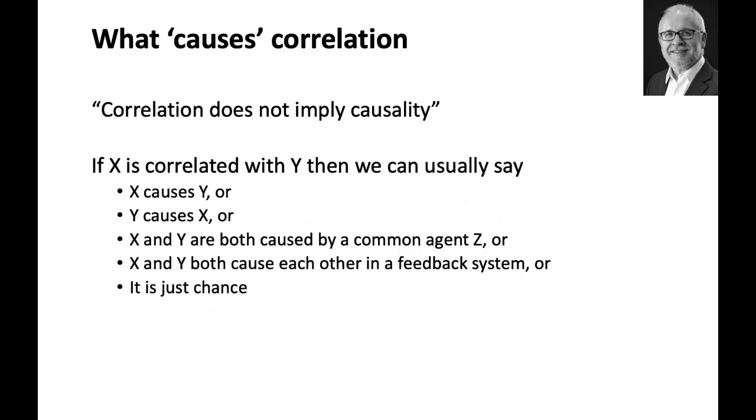Perhaps X causes Y, or perhaps Y causes X, or perhaps X and Y are both caused by a common agent Z, or X and Y both cause each other in a feedback system, or it's just chance. Now let's just start with that just chance.